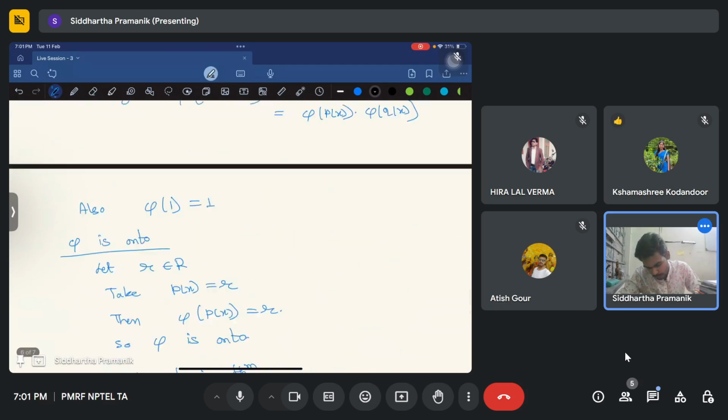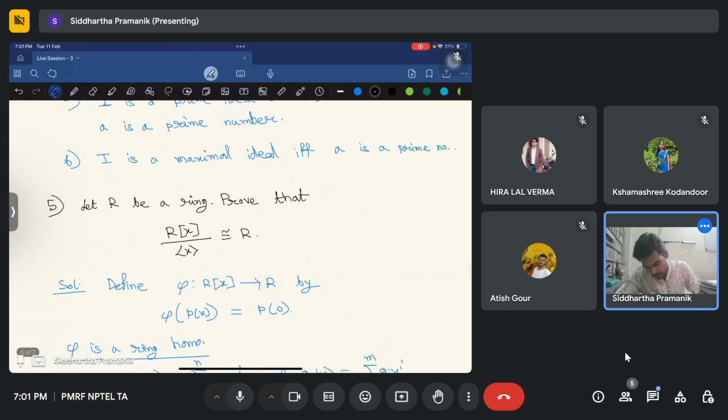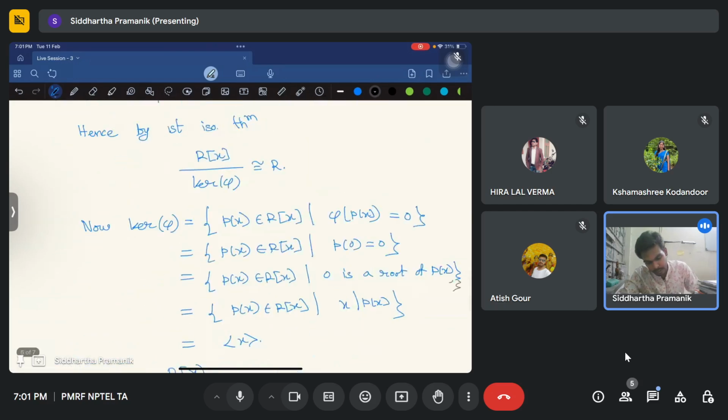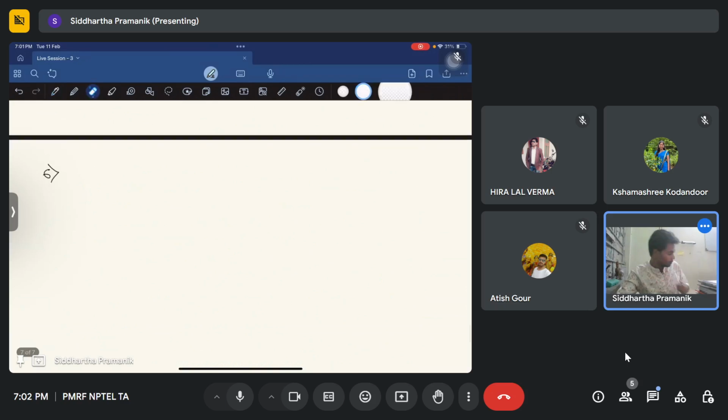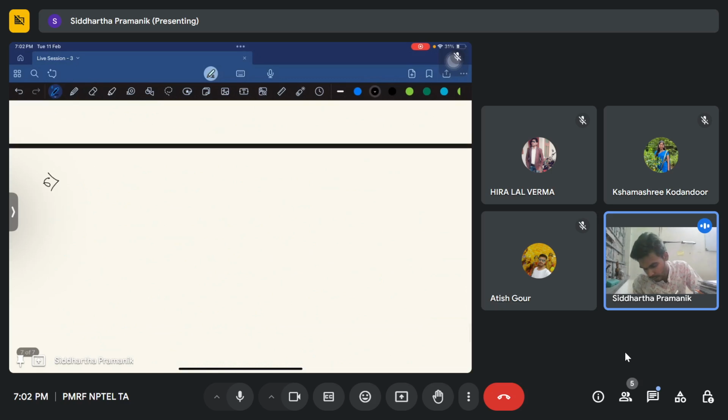Okay, let's do the next problem. Problem number 6. Okay, so I will write down two ideals, and we have to find out the quotient rings.